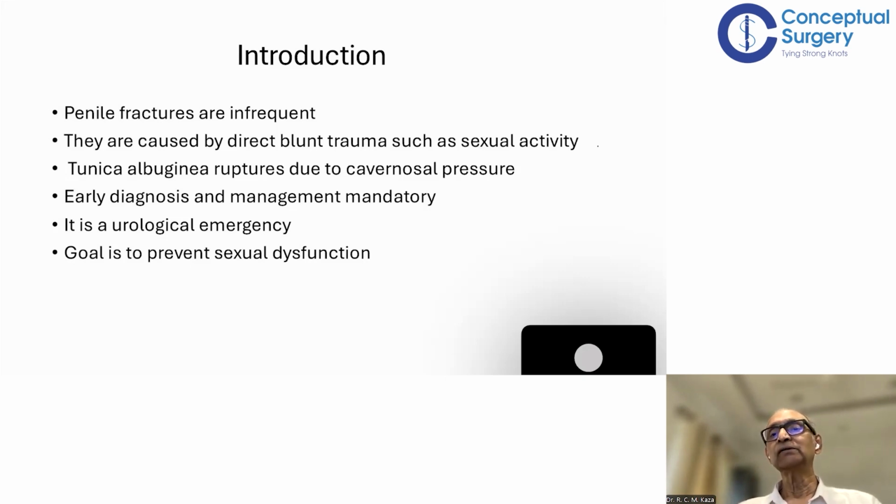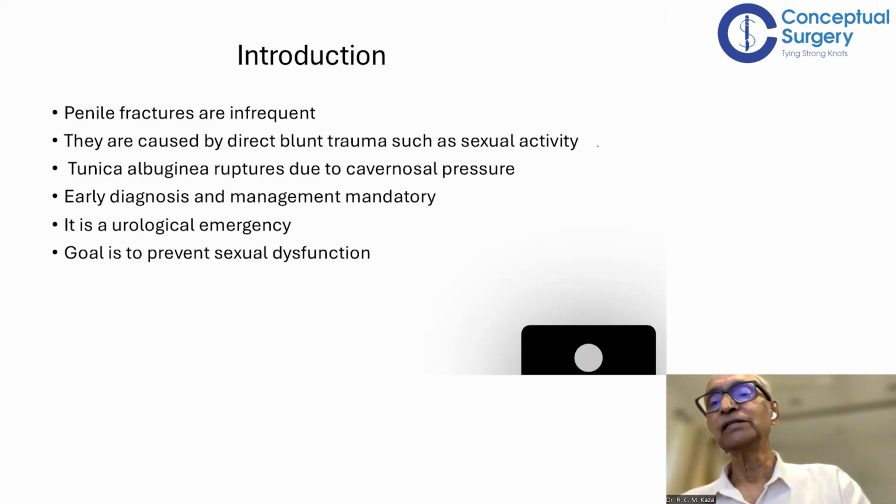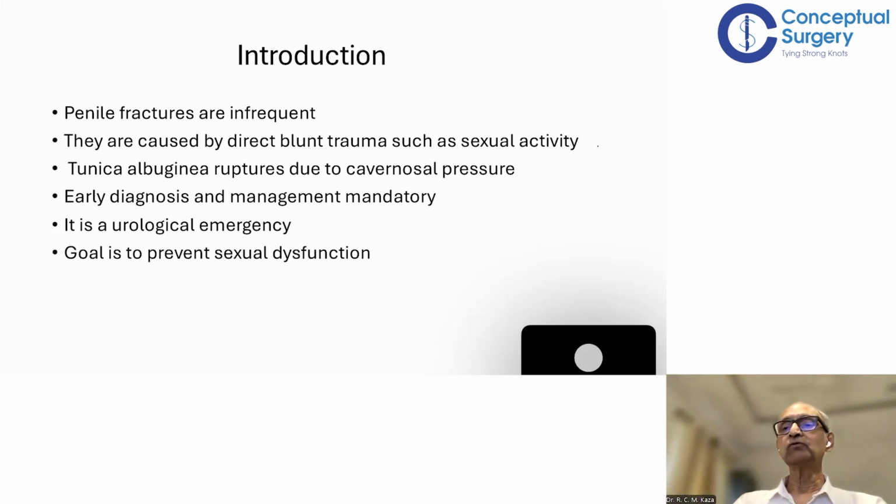And early diagnosis and management is mandatory. So therefore, it becomes a urological emergency. Now, the whole goal is to prevent sexual dysfunction. We do not want this individual to have no sexual life subsequently. So therefore, they need to be attended to very fast.